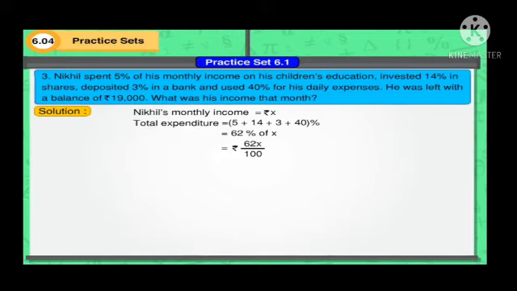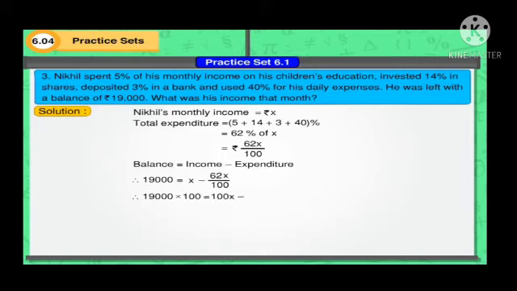Now balance is equal to income minus expenditure. Balance 19,000 is equal to x as income minus expenditure 62x upon 100. Now multiplying both sides by 100, we get 19,000 into 100 equal to 100x minus 62x.